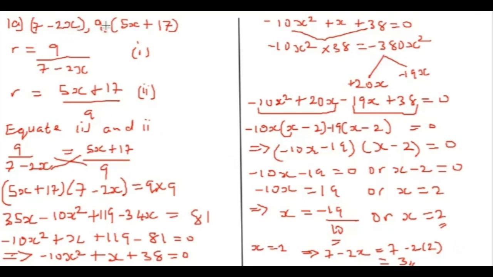So everything here reduces to 3. Then it means that the common ratio r is 9 divided by 3, which is also 3.